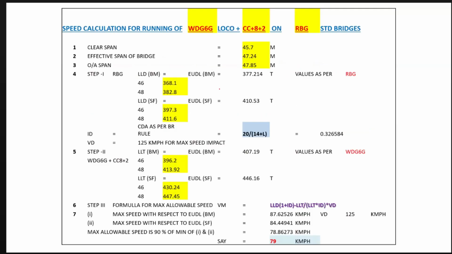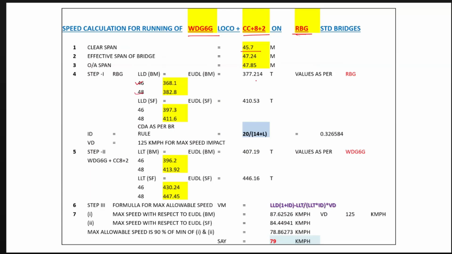This example I am showing is the WDG6G load, CC plus 8 plus 2, on an RBG standard bridge. The clear span is 45.7, with effective or overall span. As per the bridge rules, we take the table for 46 and 48.